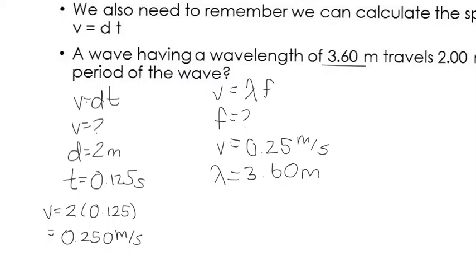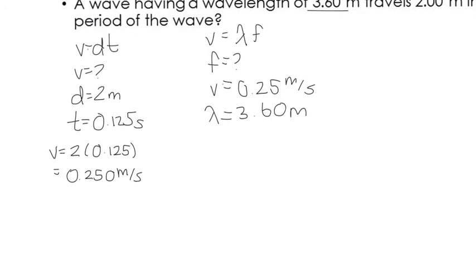So to do that, remember we're going to V equals lambda F, divide by lambda on both sides. So the lambdas cancel out, and our F equals V over lambda.